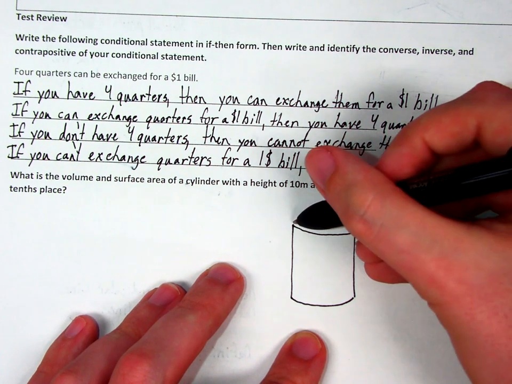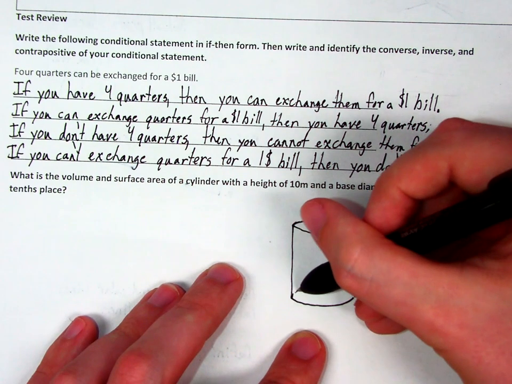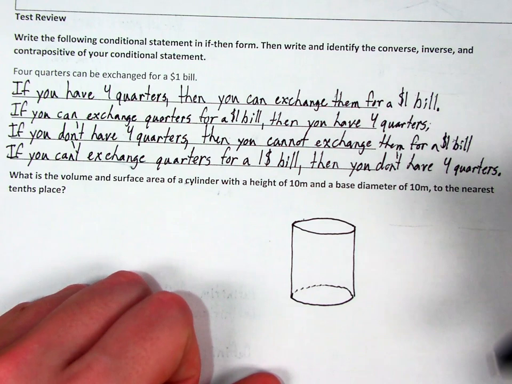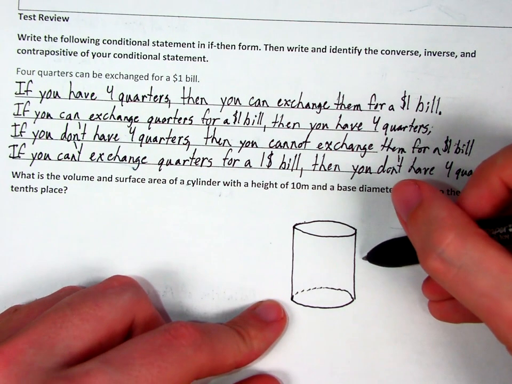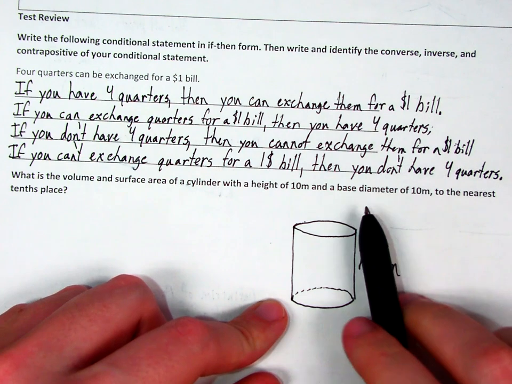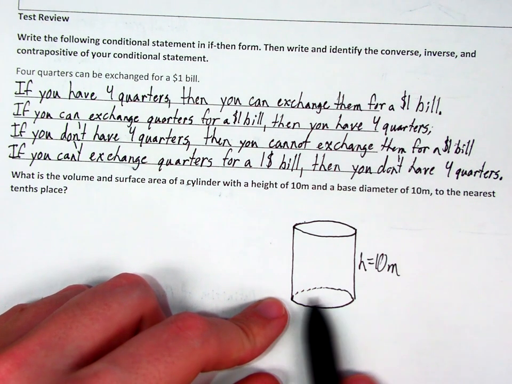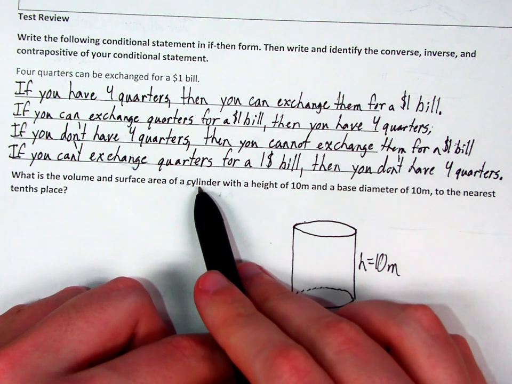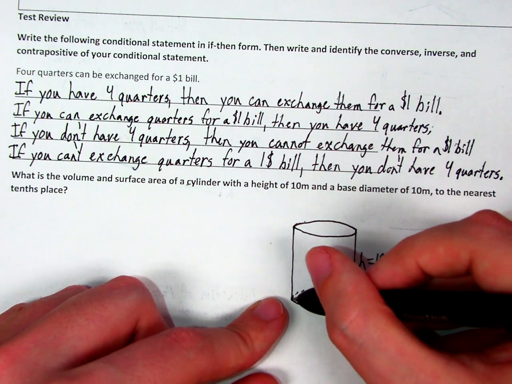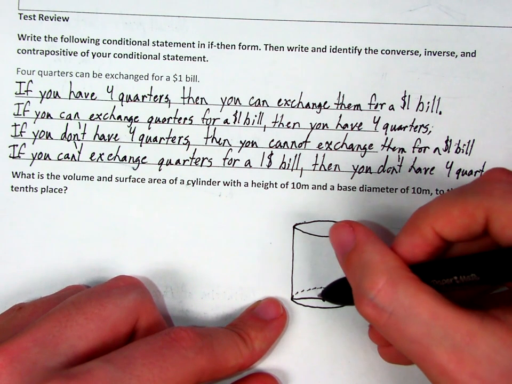Probably not the best drawing to represent this, but we'll make do. They're saying the cylinder has a height of 10 meters. They're saying the base diameter, the diameter across the base. Your cylinders have 2 bases, the 2 circles. The distance across the center of the circle is 10 meters.